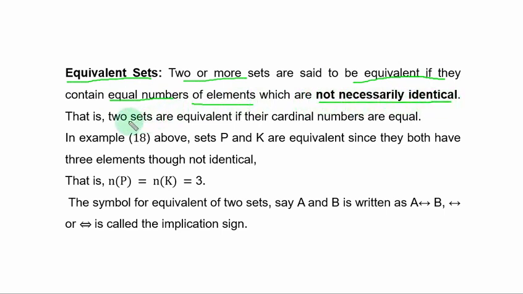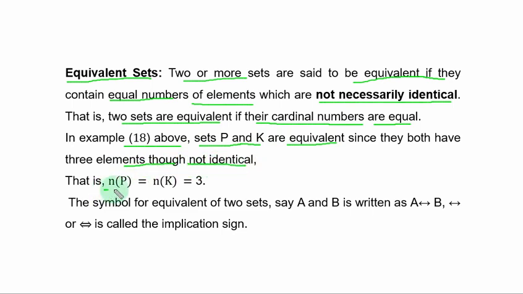That is, two sets are equivalent if their cardinal numbers, the number of elements, are equal. In example 18 above, sets P and K are equivalent since they both have 3 elements, though not identical.